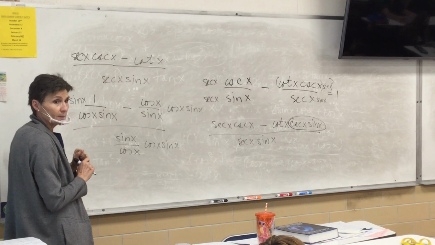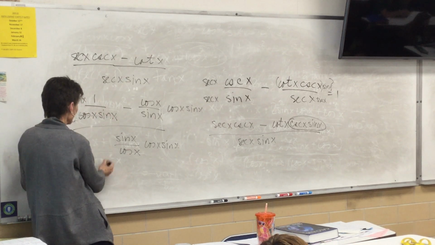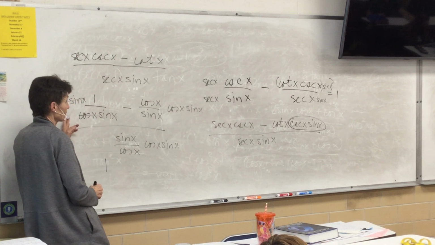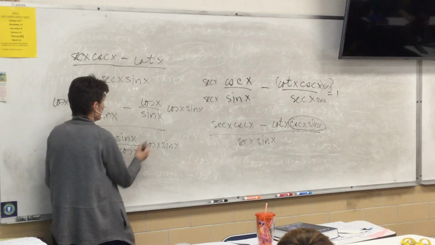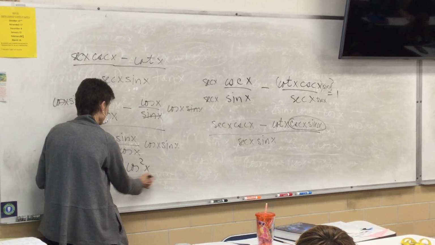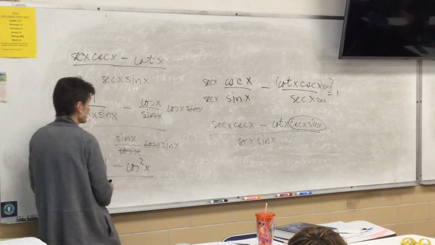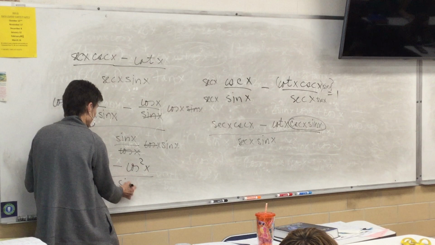You with me? Now, we did that to cancel. This goes away, and all we have left is 1. Minus, okay, this goes away, so minus cosine squared. This goes away, so the bottom is just sine squared.